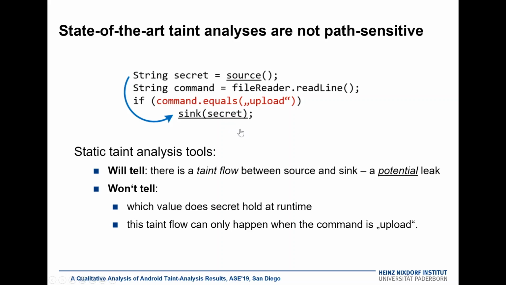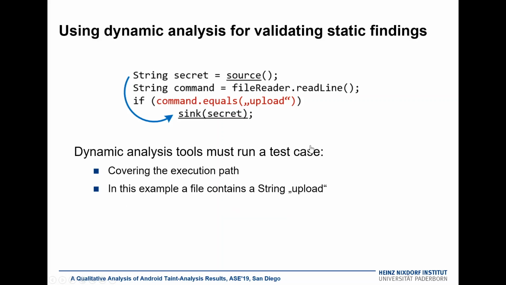However, they won't tell you which value the variable secret actually holds at runtime. Maybe it doesn't hold a sensitive value at all. And also they won't tell you that this taint flow can only happen when the command read from a file is equal to upload. So this taint flow is potentially a false positive.